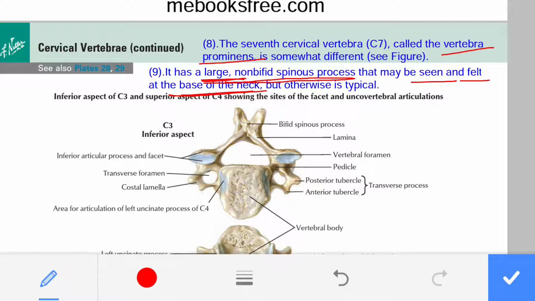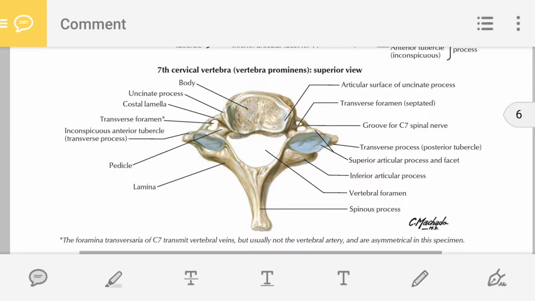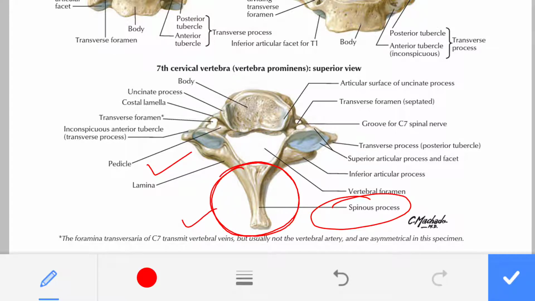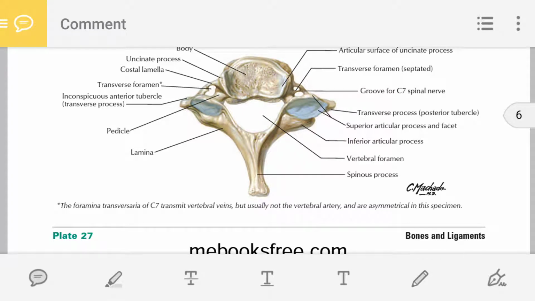I'm showing you this. For example, this one is the seventh cervical vertebra, and as you can see over here, this is the spinous process, and this spinous process is a large one. And it is non-bifid. The spinous process has not bifurcated.